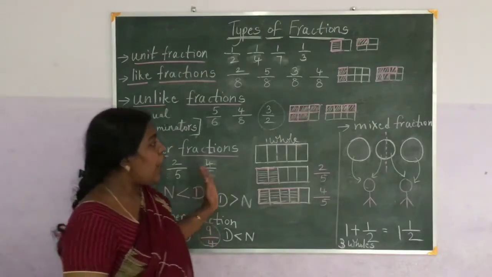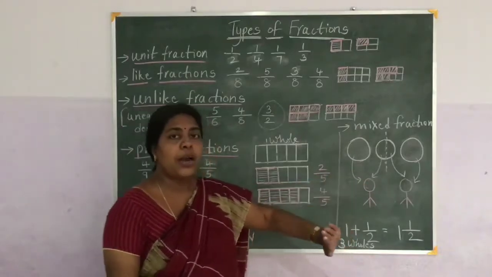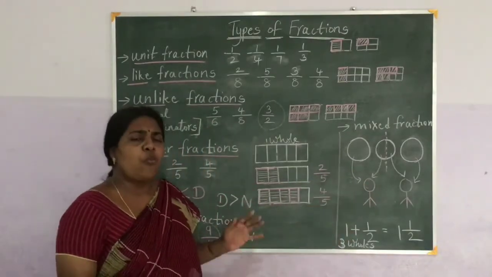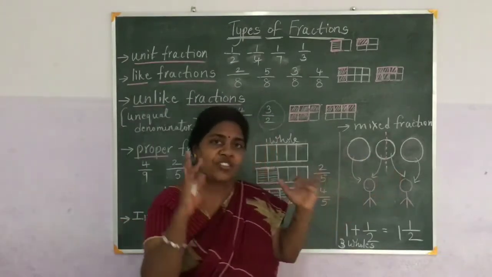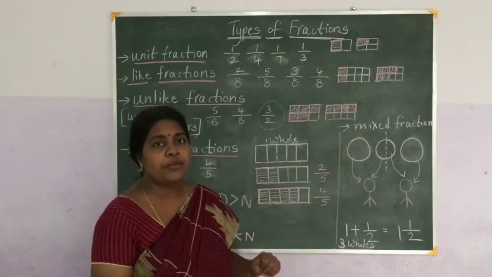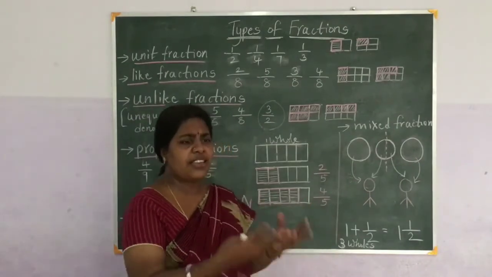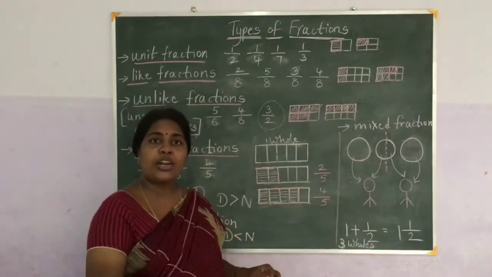We will see. Now coming to the last type of fraction, the mixed fraction. So what is a mixed fraction? Suppose I have 3 chapatis and I want to share them between 2 children. It is very easy. I will give 1 chapati to one child and 1 chapati to the other child.